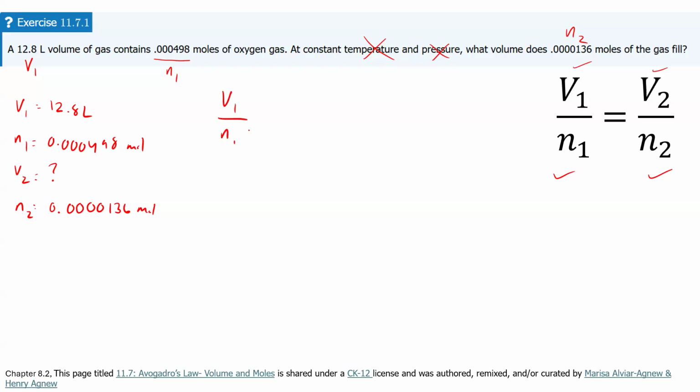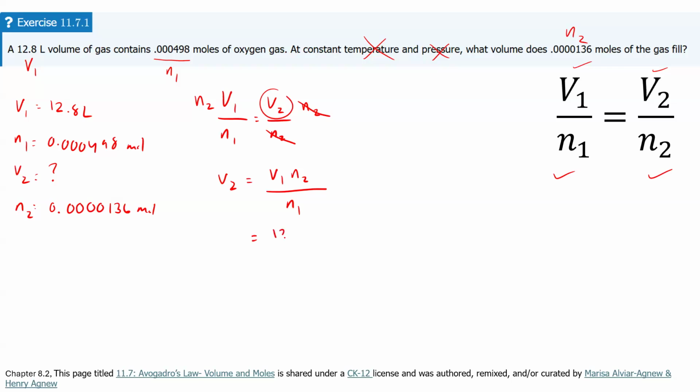And I know at your stage, when I was in undergrad doing chemistry, I didn't like rearranging the equation first, but it really does help and it's easier. It keeps things neater. But let's try it. We're solving for V2. That means we have to multiply both sides by N2. N2 cancels out, so we have V2 equals V1 N2 over N1.